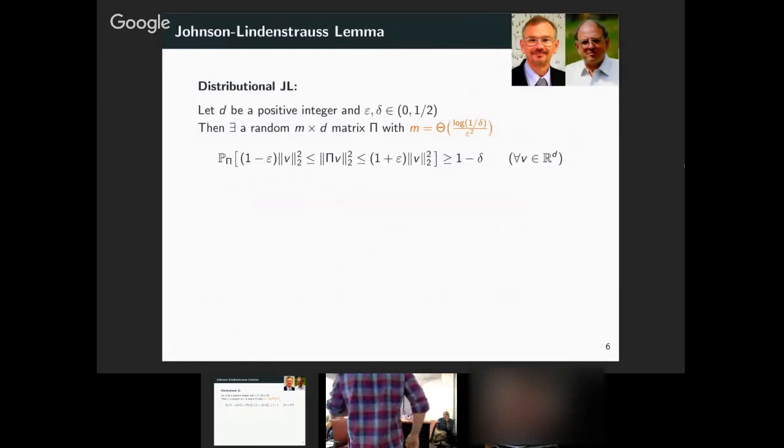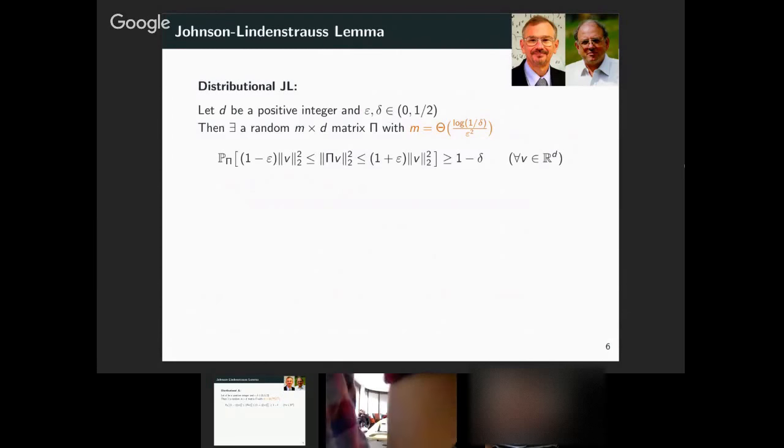So the classical result, known as the Johnson-Lindenstrauss lemma, says the following. The high-level idea is that we want to come up with a construction of a random matrix Pi. Our guarantee is going to be a certain probability of having high distortion with respect to a fixed but arbitrary vector p.